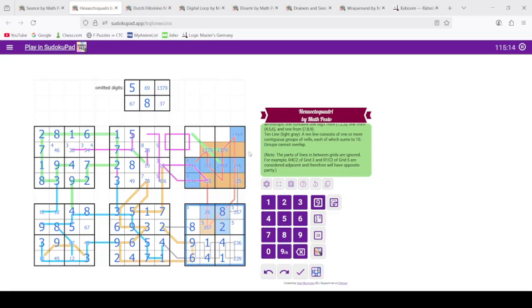Because then 1 or 3 is missing from over here. So what if it's not 7? What if it is 3 that's missing?